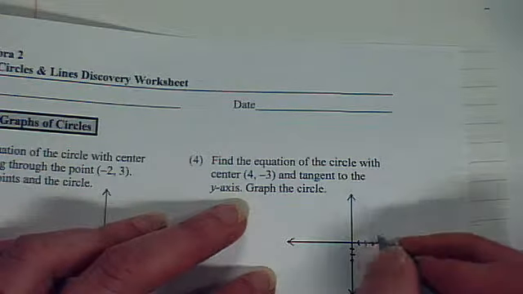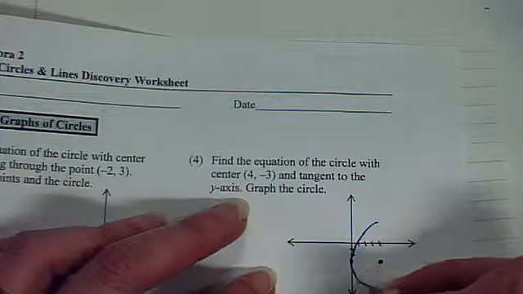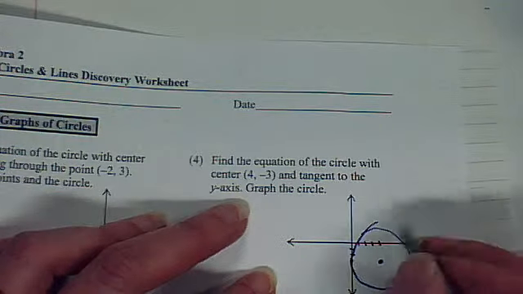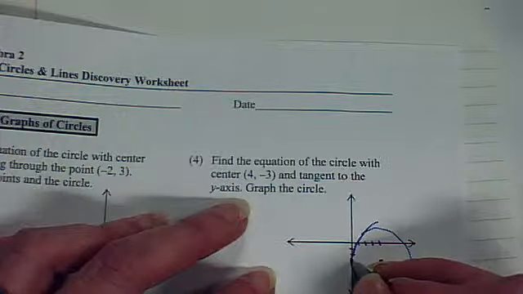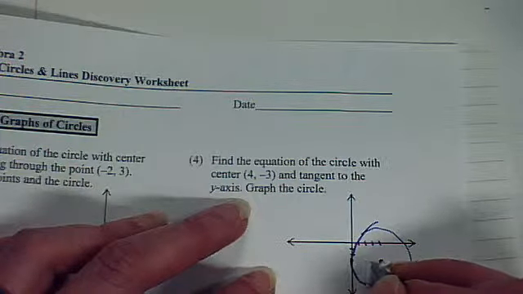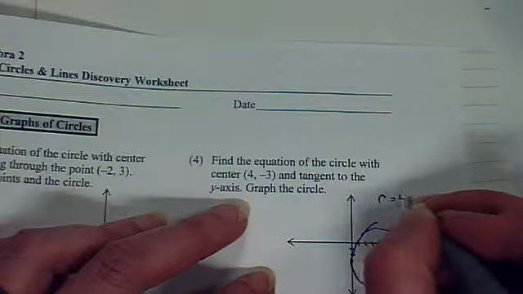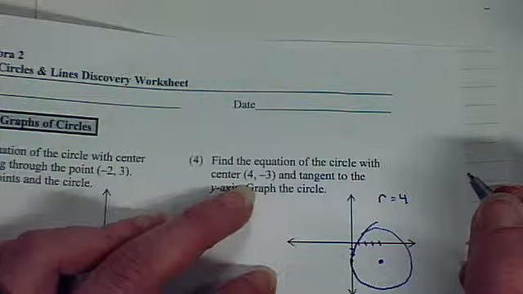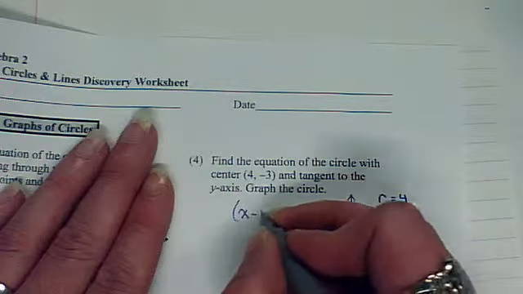Okay, so here's my y-axis. It's tangent to the y-axis. Well, that's a horrible circle. We know the center, and we're tangent to the y-axis. Well, that means 1, 2, 3, 4. That means my radius is 4. My center is (4, -3). Oh my gosh, I can write the equation for that.